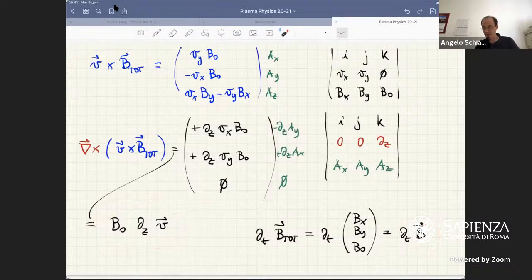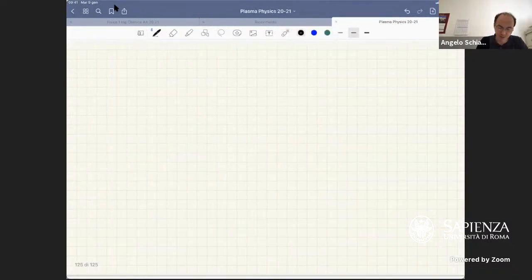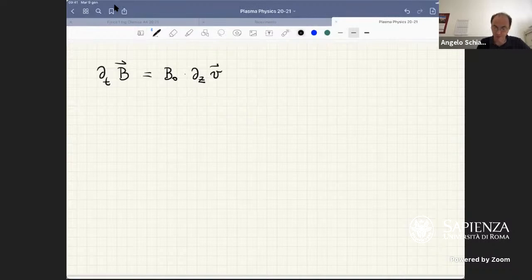So let's combine together the left-hand side term and the right-hand side. Finally we obtain that the derivative with respect to time of the magnetic field wave is equal to B0, the amplitude of the external applied field, times the derivative with respect to z of the velocity field of the wave.